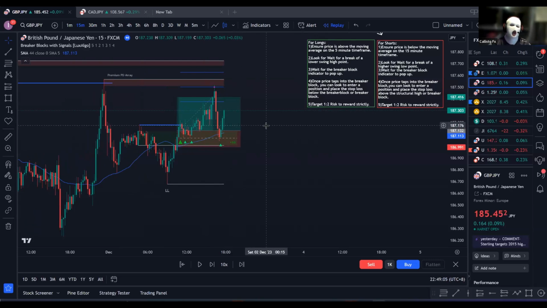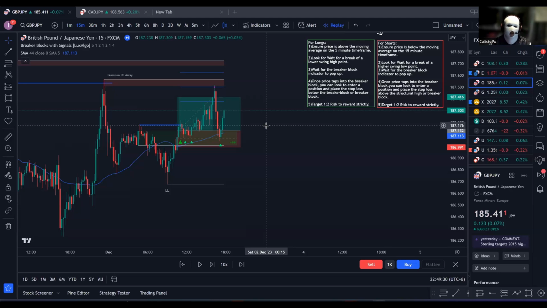So what you can do is wait for a retest or set a buy limit. I've personally tested this strategy with both, and let me tell you which one has a higher win rate. Now this is very, very important, so pay close attention. When you wait for a retest, you are able to see the strength of the candle that's coming into the retest.